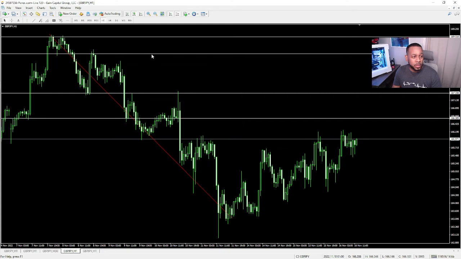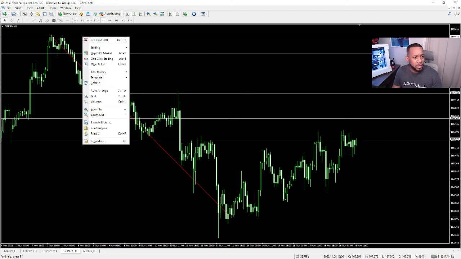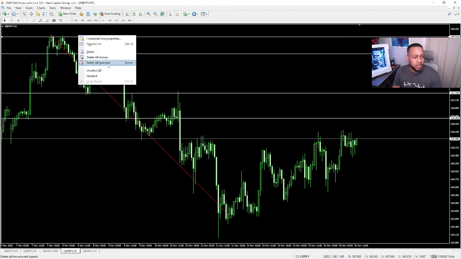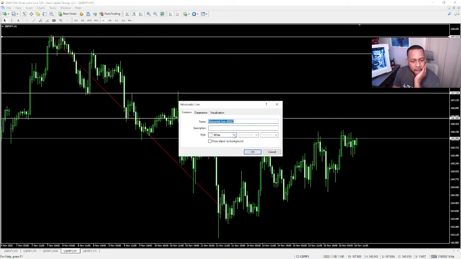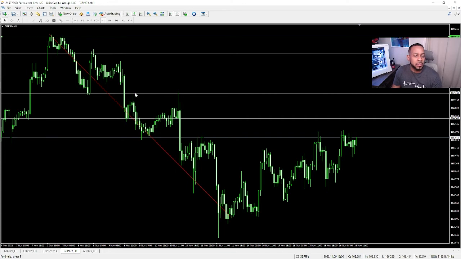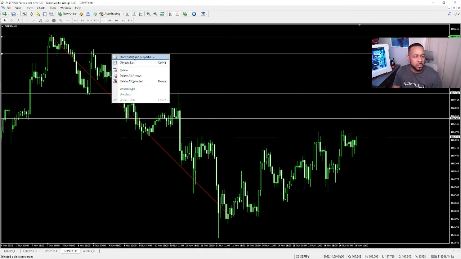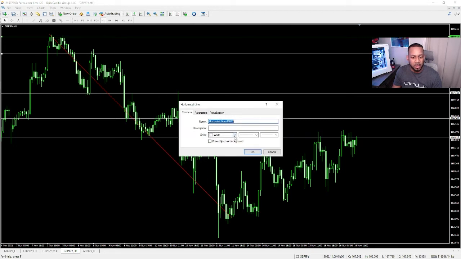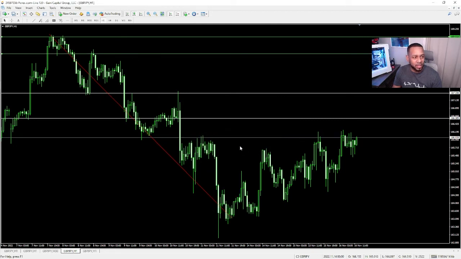So as you see between these levels, let me see if I can do this here. What I'm doing here is changing the color so you can see the difference in the two price actions.